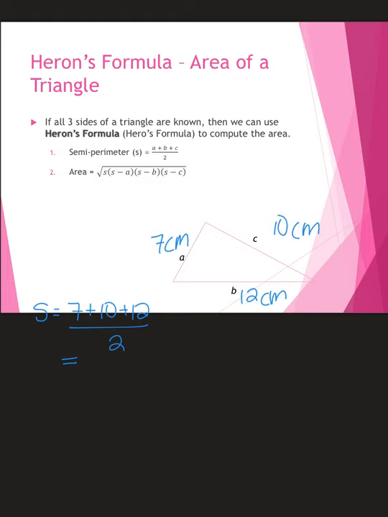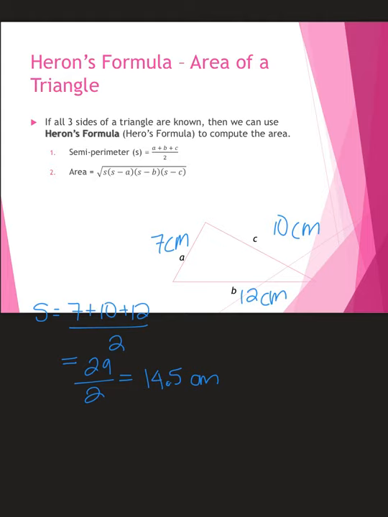And make sure here that when you're typing in your calculator, you're using parentheses, or you just do 7 plus 10 plus 12 first, so that you're following the order of operations. So we have 29 divided by 2, and that gives us 14.5. So this 14.5 centimeters is our semi-perimeter.